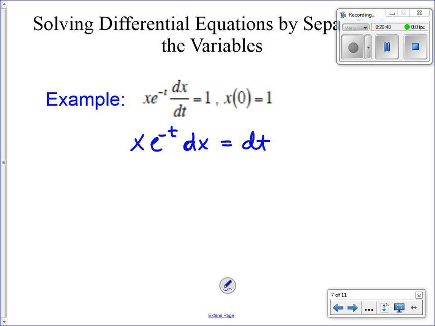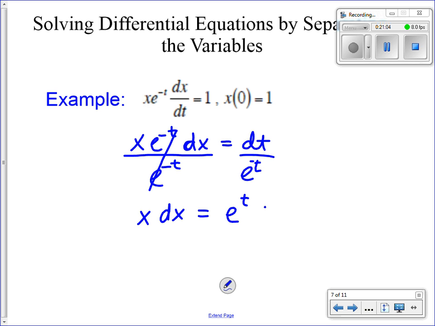Okay, so we've gotten a little bit closer. Now what we could do is divide by the e to the negative t on each side, and then we'll have x times dx equals, and then I'd probably flip this and just make it e to the t times dt. So this is what I mean by separating the variables.